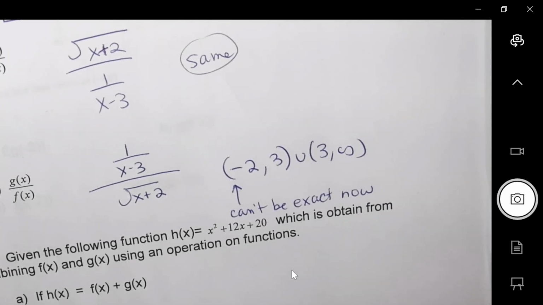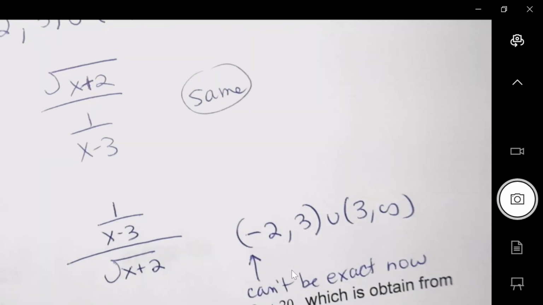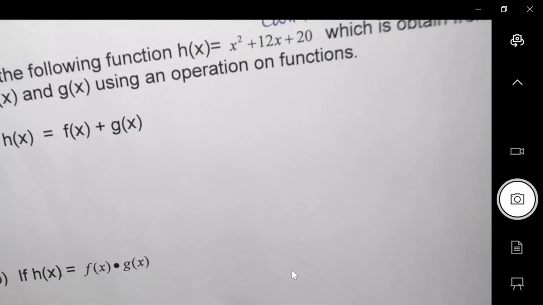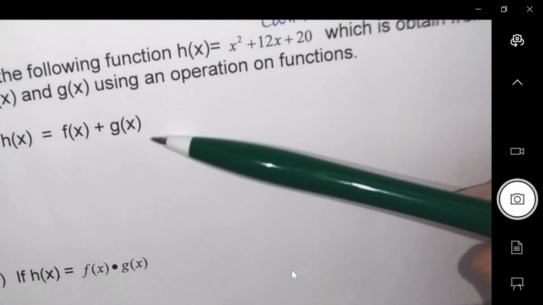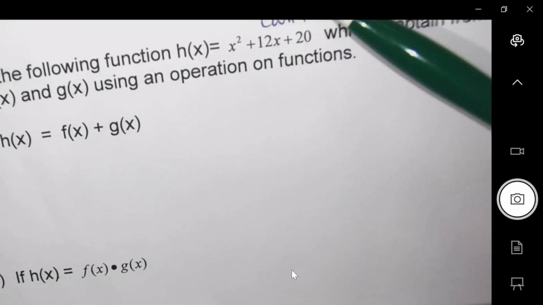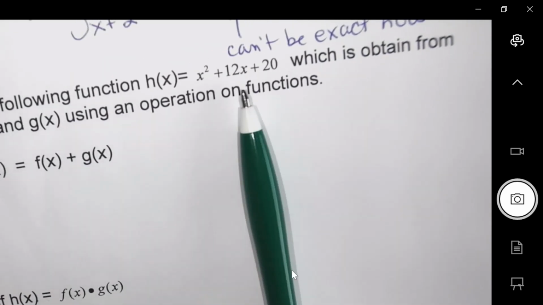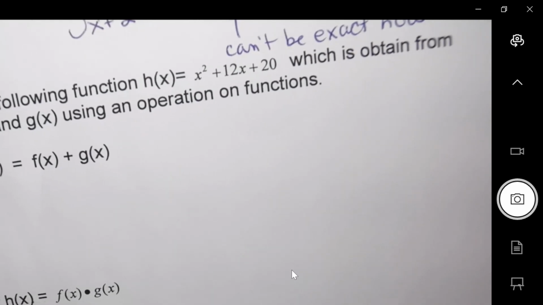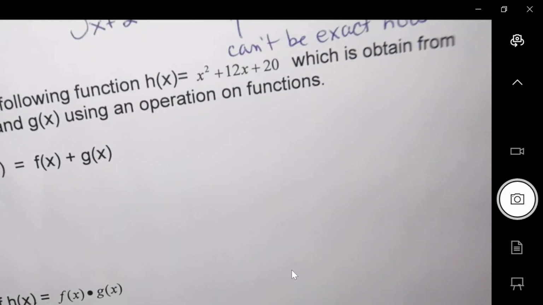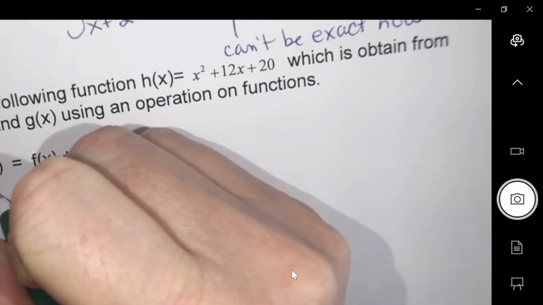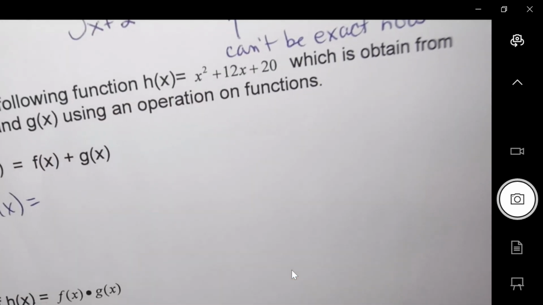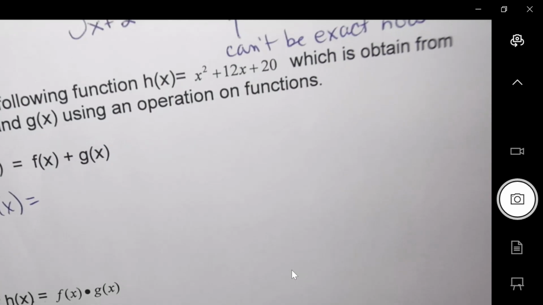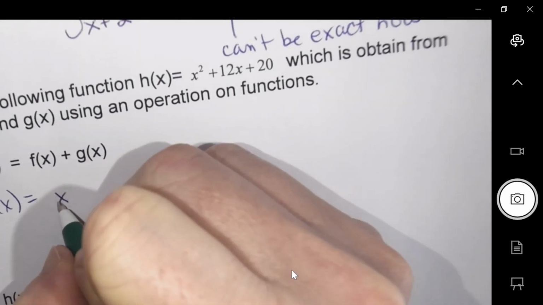Okay, so just some thinking about a lot of past math experiences that you've had. Okay, this question is, can you just give me any 2 things that would add to that? So, endless answers. You all could have a different answer. So, pick something. Just make sure what you add together would total to be that.